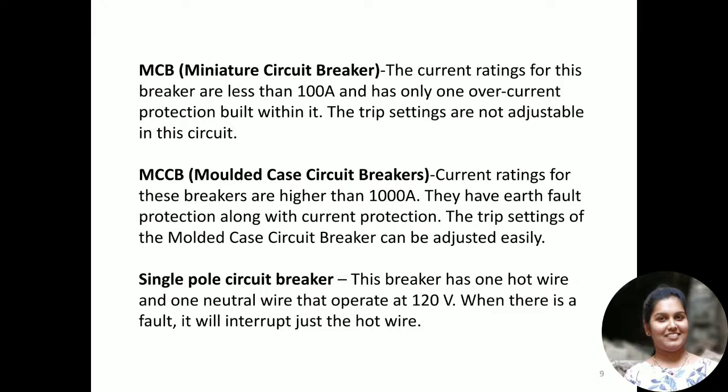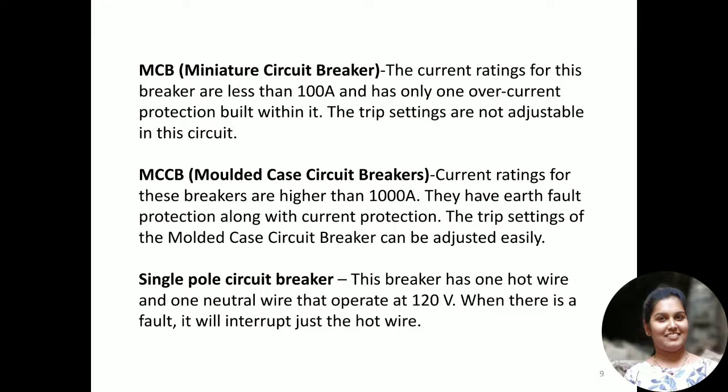The full form of MCB is miniature circuit breaker. The current ratings of this breaker are less than 100 amperes and it has only one overcurrent protection built inside it. The trip settings are not adjustable in this circuit breaker.